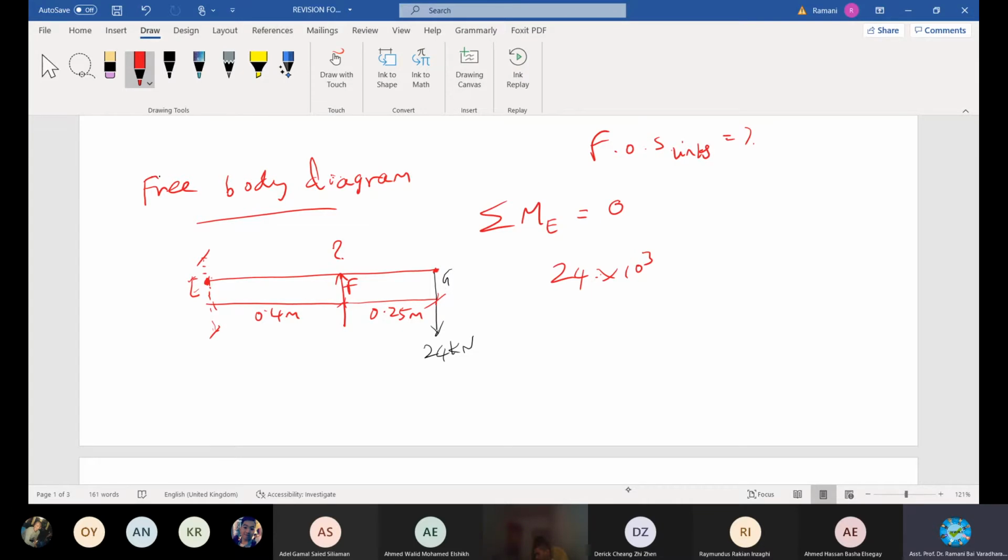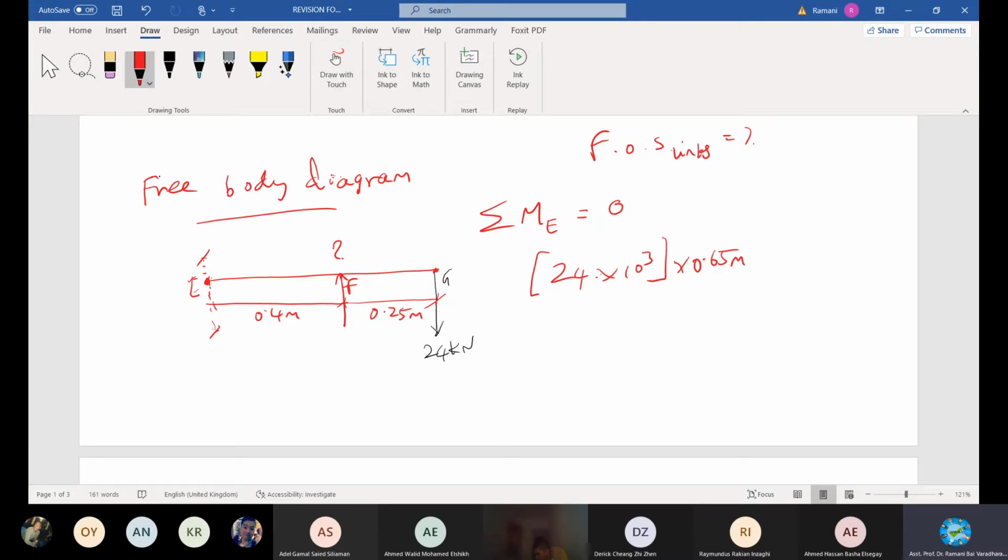We are taking moment, so the force times the distance will be 0.65 meters, from this point to this, since we are resolving about E. So we will have 24 into 0.65 meters for G, then F.